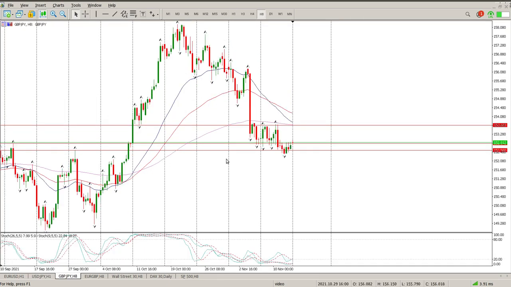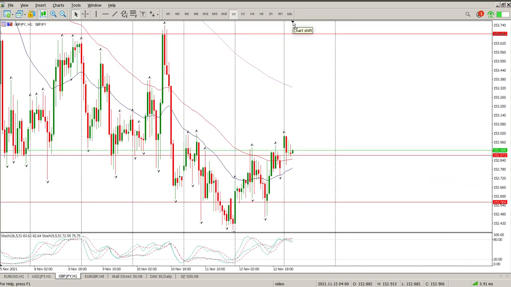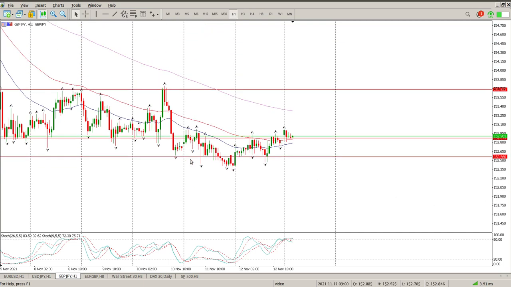British pound, Japanese yen, another one that was sideways all of last week. You can see there, not something that you want to be trading when it's sideways like that. If we get down to the hour, look at that messy price action. If you look at all the tails to the downside, tails to the upside, that is pure barbed wire. That is confusion. I think for me, staying away from this one completely.